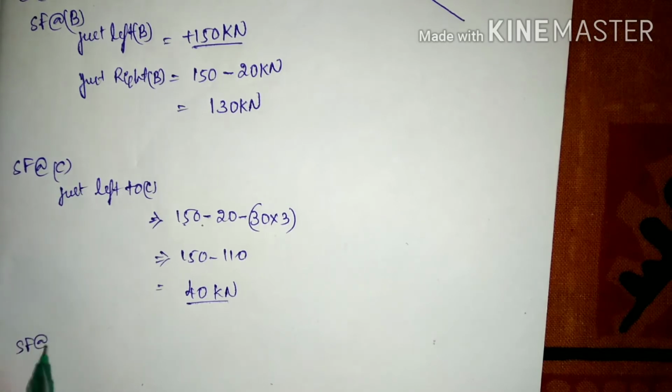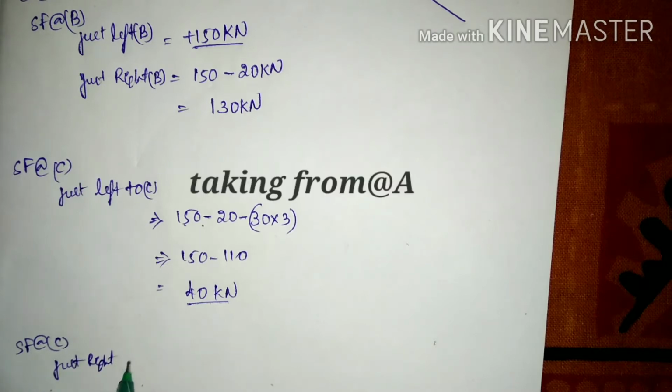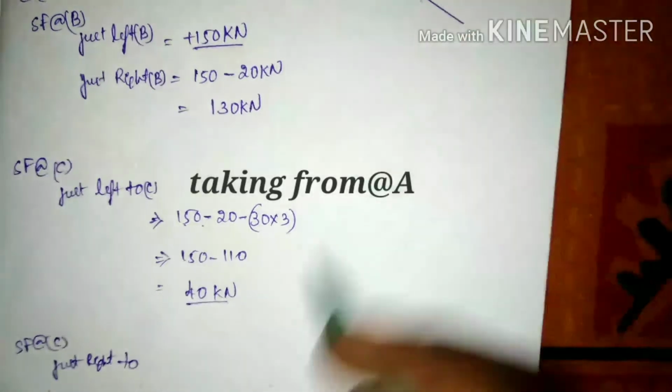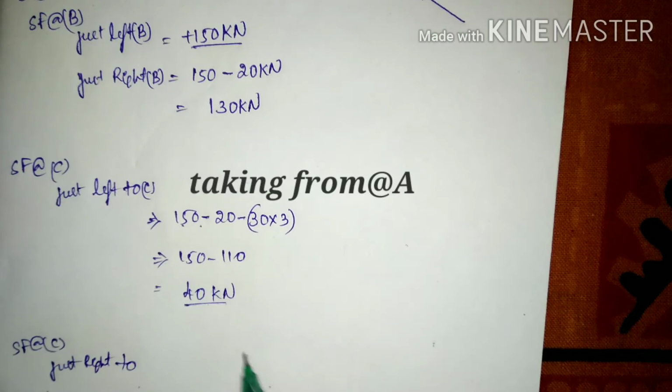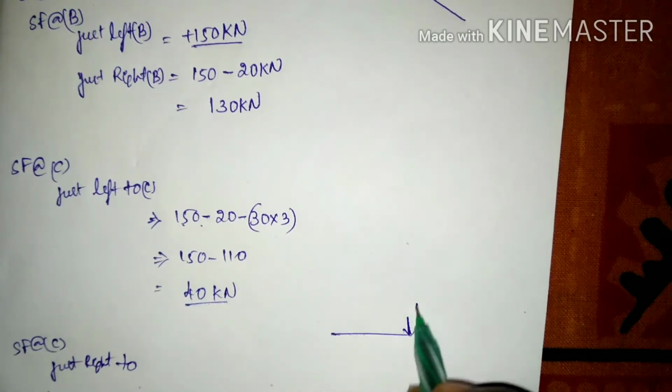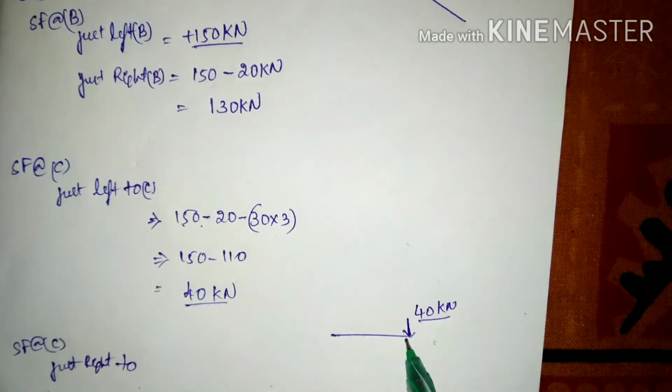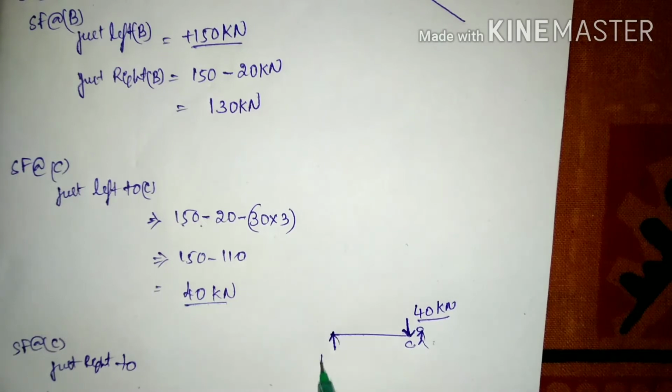Shear force at C, just right to the C. Up to here we find the 40 kilonewton value, and thereafter we have a 40 kilonewton point load which acts at C. If I stand here, I find the RA and the downward forces of the point load and the UDL, so 40 minus the downward force 40 is going to be 0 kilonewtons.